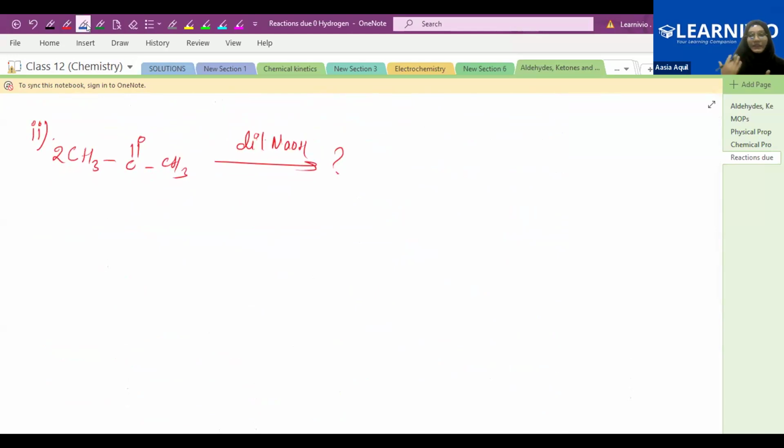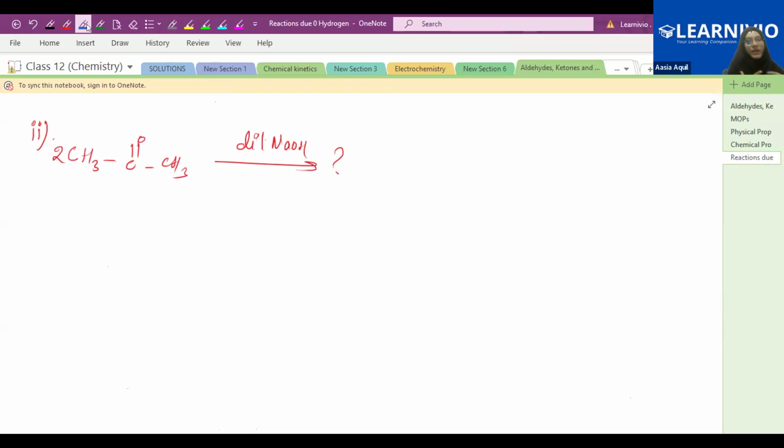As I explained in the previous class, there are two types of aldol condensation reaction. First is self-aldol condensation, which involves the same molecule. You take 2 moles of the same molecules and do the same mechanism.